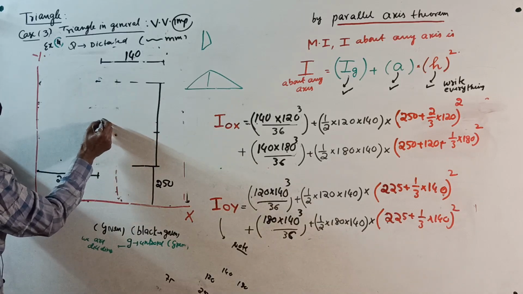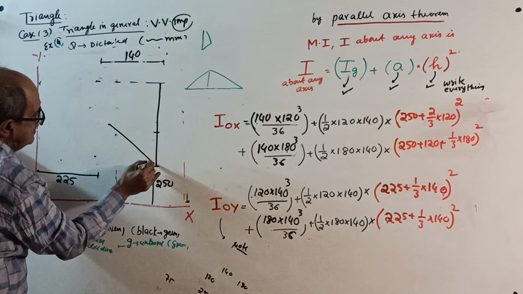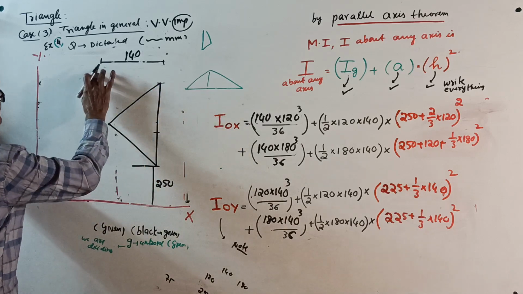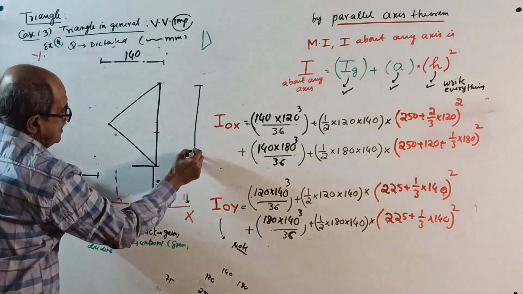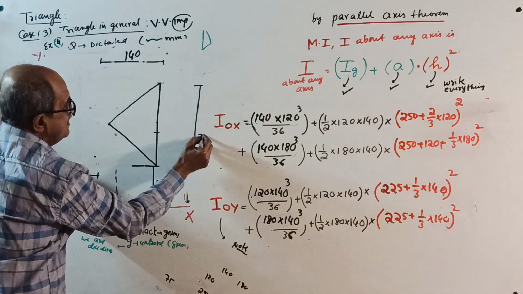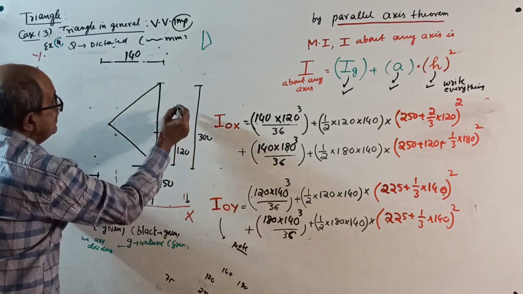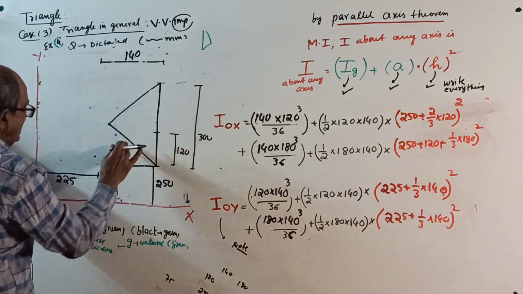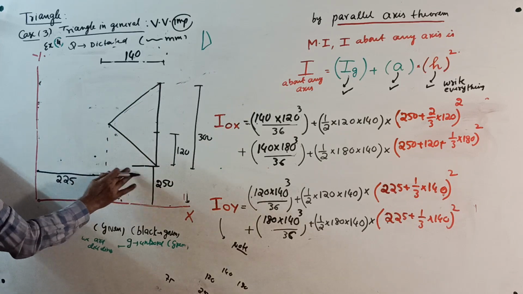I will put a sketch first. This way. Same. This is 140. See, this full is 250. Sorry, not 250, 300, 300 given. This is 120. First you write this much. This is the given triangle. This is 225 once again, same. I am not changing, 225 and 250.